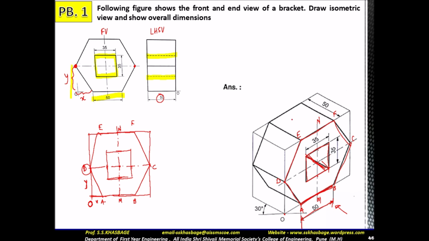Again we will take a line parallel to this particular line. This will show the dimensions of it. Likewise, we have to give all the dimensions. This is the solution for this problem.